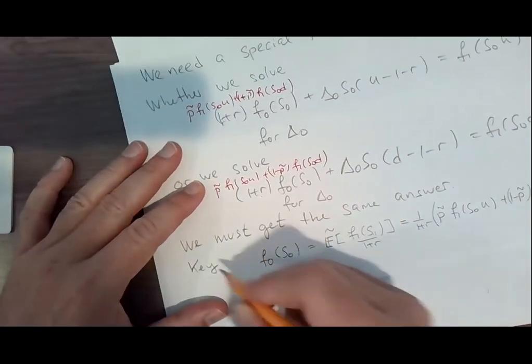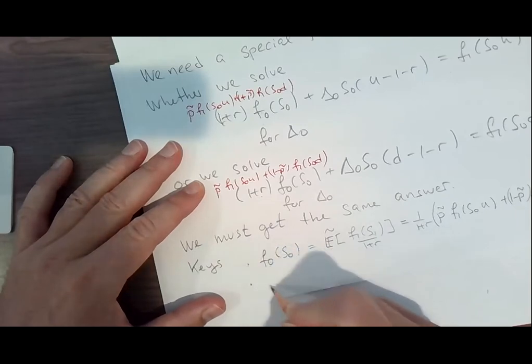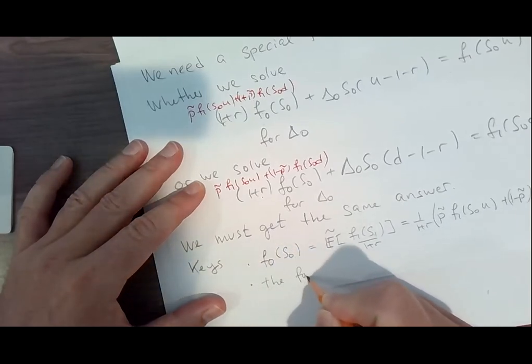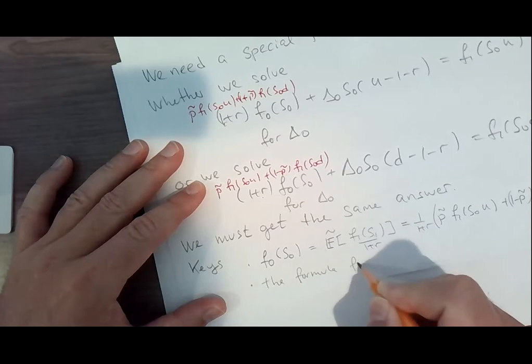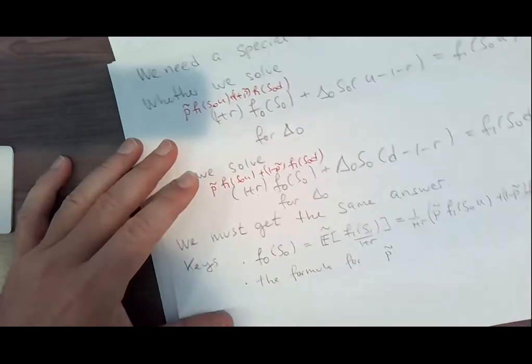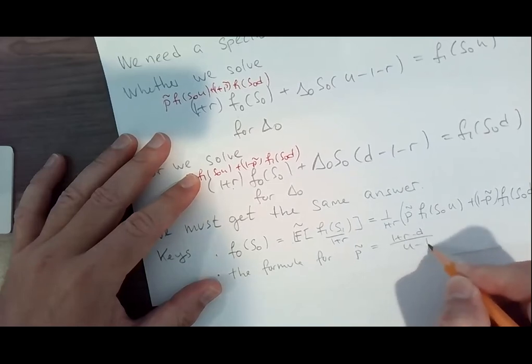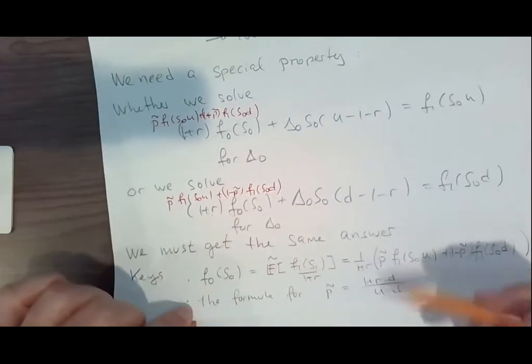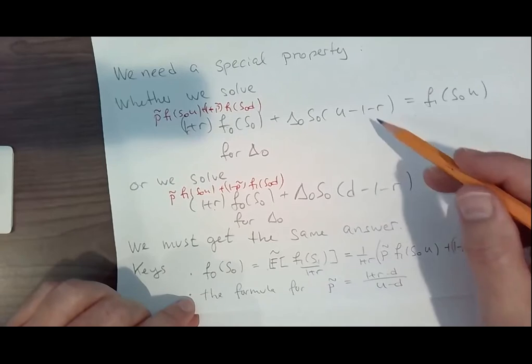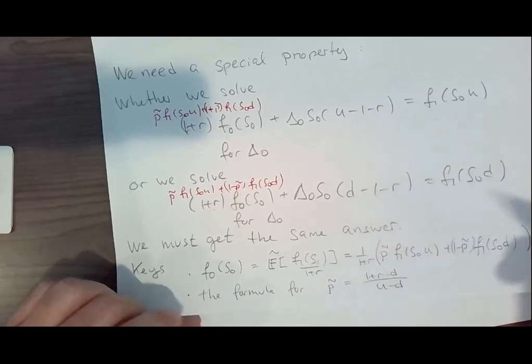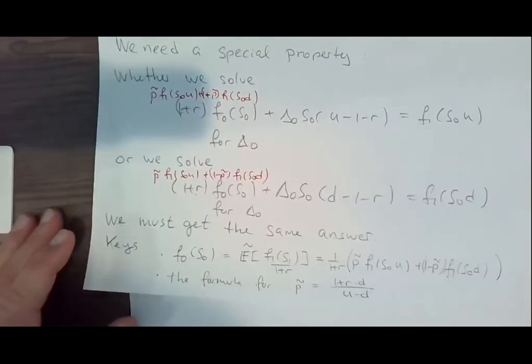The other key thing was the formula for P tilde, or was it 1 plus R minus D divided by U minus D? So these two things here allow us to have consistency between these two equations. And that's the entire key.